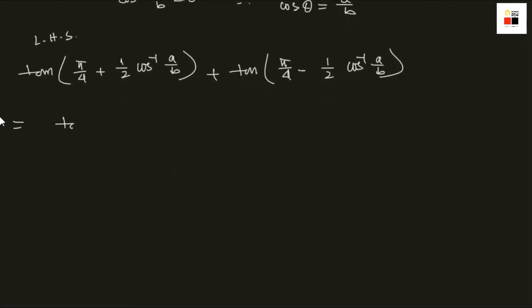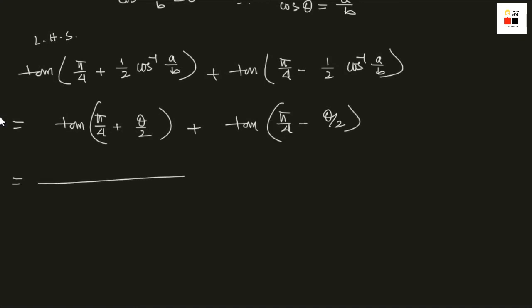This is equals to tan pi by 4 plus theta by 2 plus tan pi by 4 minus theta by 2. This is equals to tan pi by 4 plus tan theta by 2 divided by 1 minus tan pi by 4 tan theta by 2.